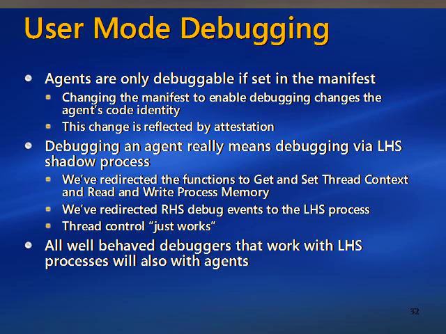So debugging. One of the reasons that Keith covered shadow processes just a minute ago is because they're absolutely necessary to how we do debugging. So first of all, an agent is only debuggable if it is set as debuggable in the manifest. This means that if I'm doing an attestation, I am your online bank, and I want to make sure that the agent that you're running is the right agent.